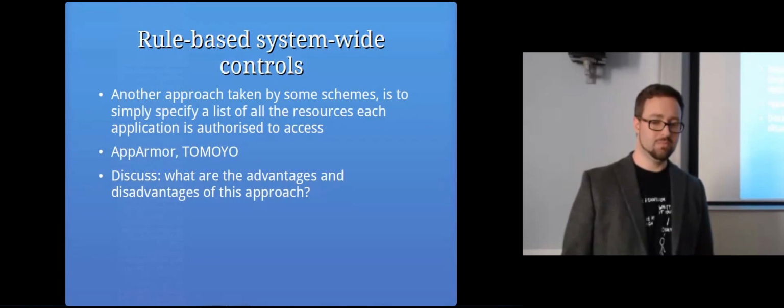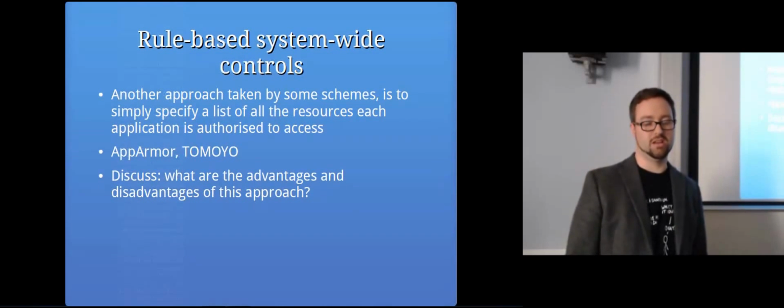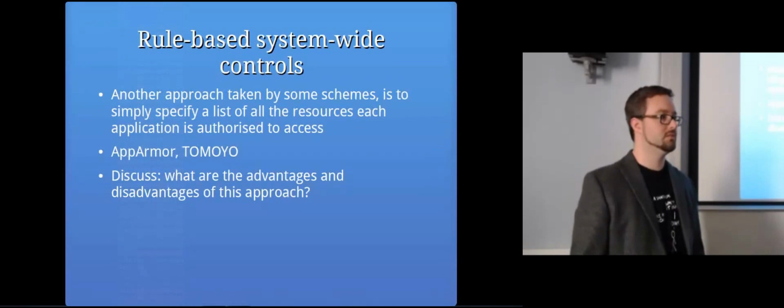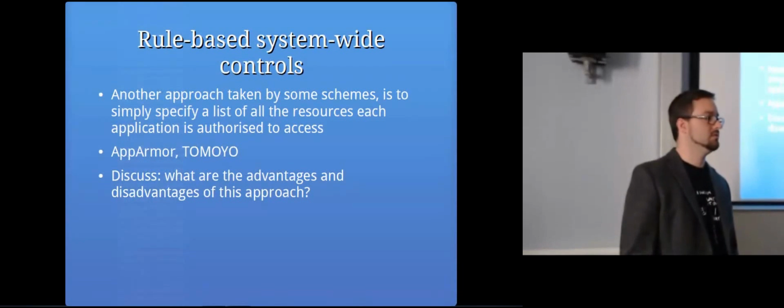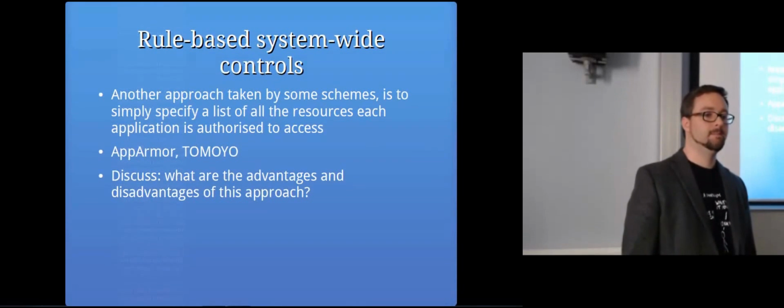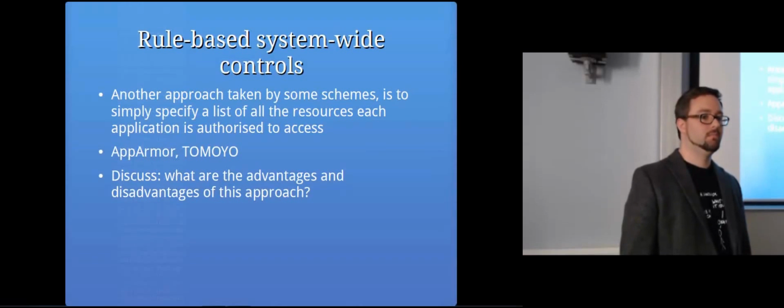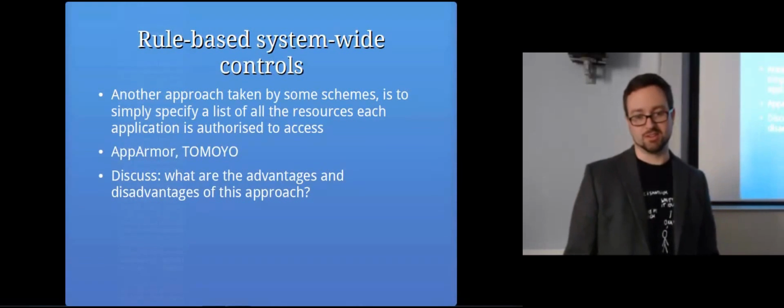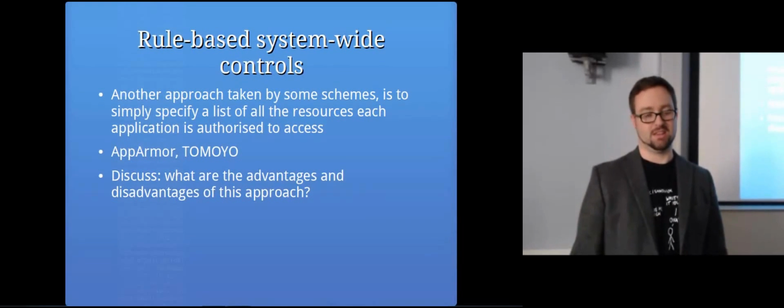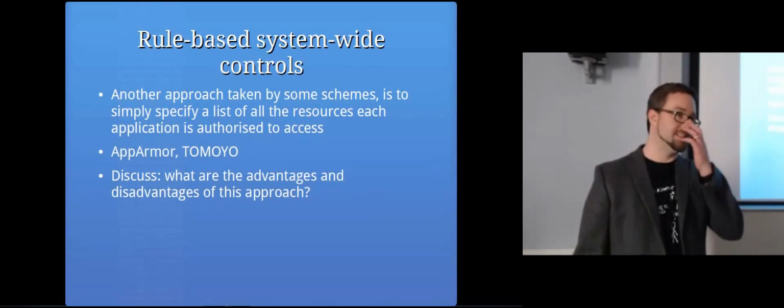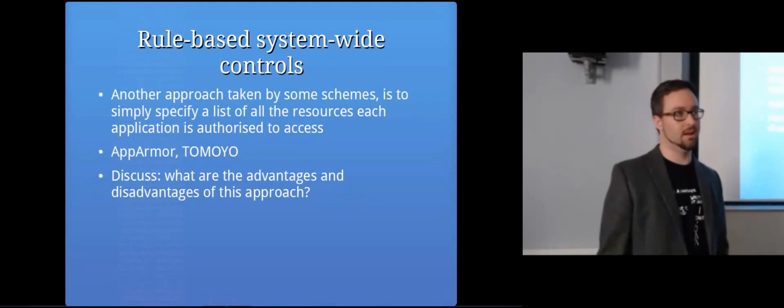Can you think of any advantages or disadvantages that I haven't mentioned for that approach to security? I think we pretty much covered the pros and cons. It's like, yeah, it's easier to use, but it's slightly less secure.